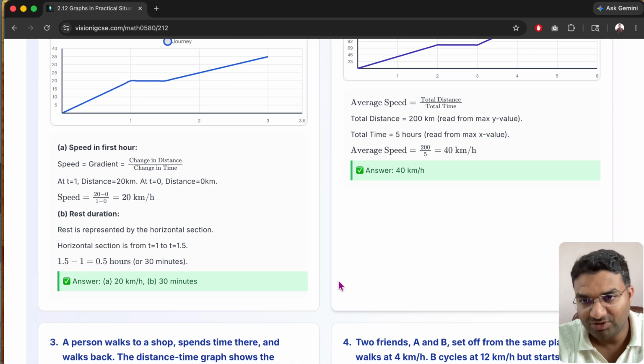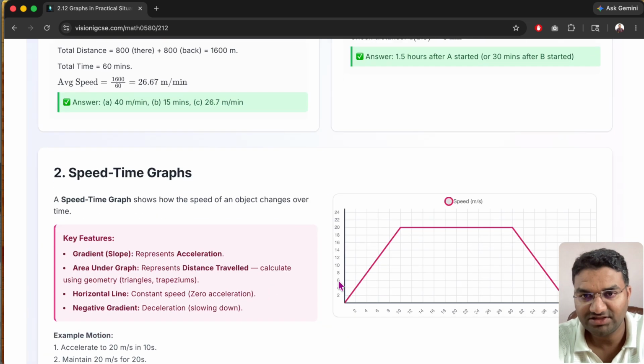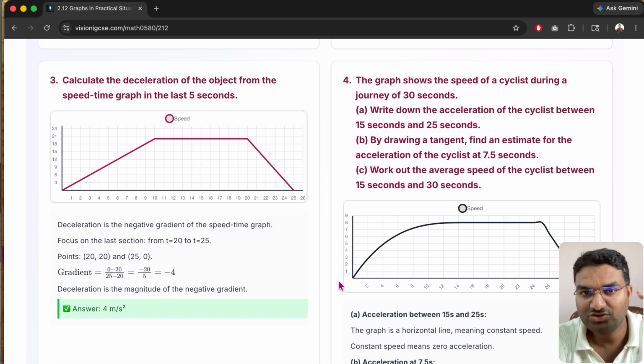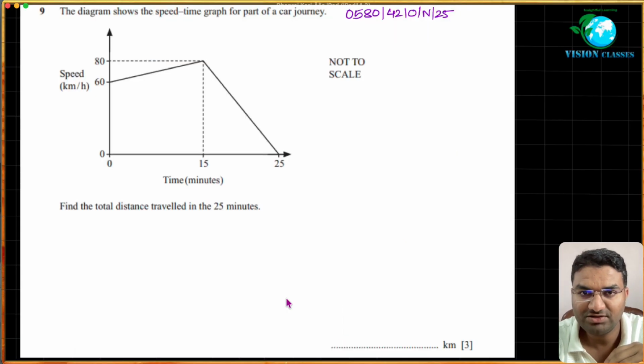Those types of questions, and speed-time graph questions, are in this topic. Even though they look like physics questions, this is also part of mathematics because graphs are included in the mathematics syllabus. So here you have one question from the paper.